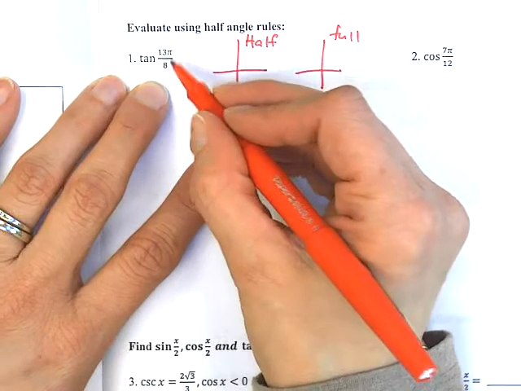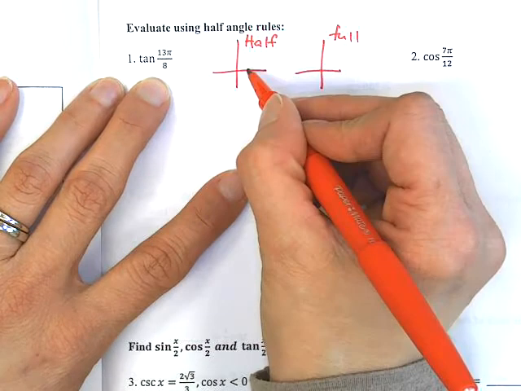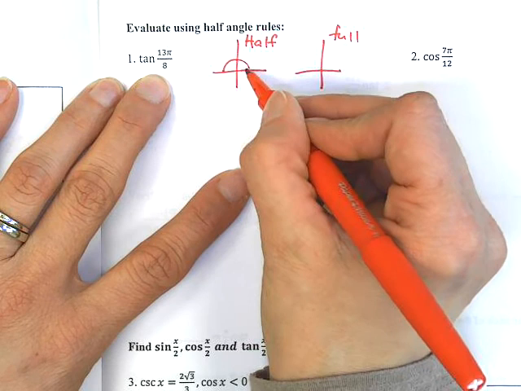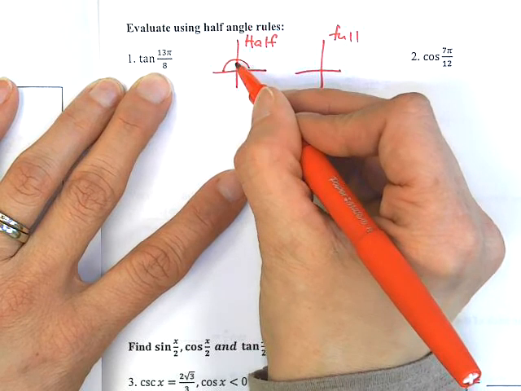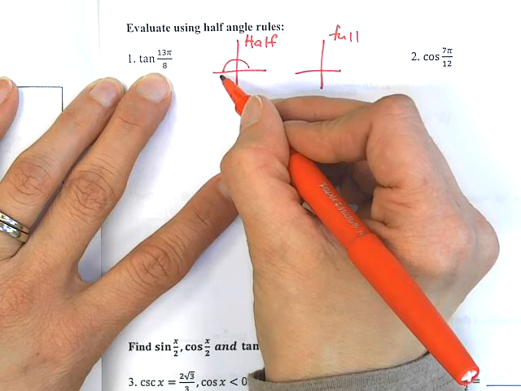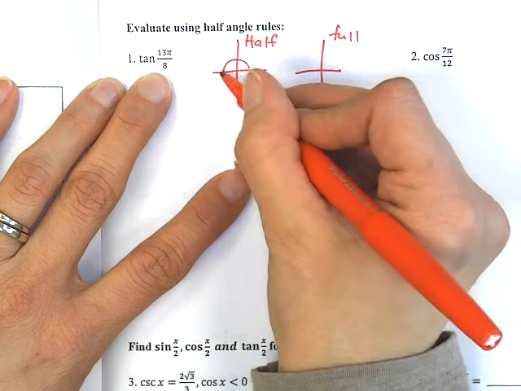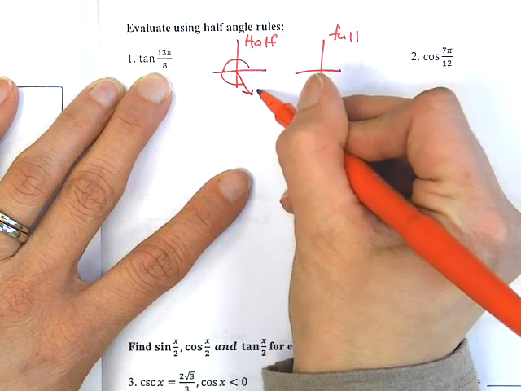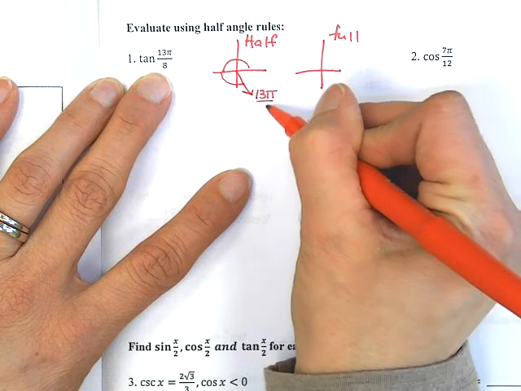Let's see, 13 pi out of 8. I know 8 out of 8 is right there. This is 4 out of 8, 8 out of 8, 12 out of 8, 13 pi over 8 must be right here. This is 13 pi over 8.